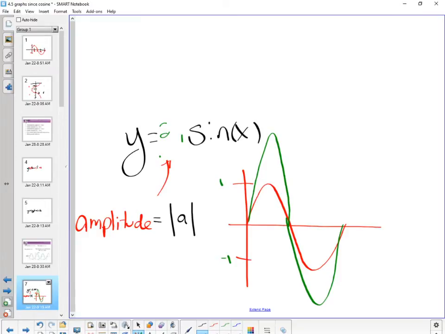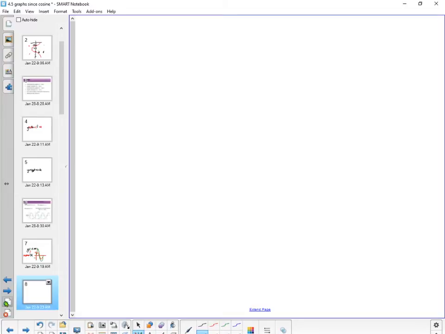That doesn't mean that you go -2 and -2, because the distance will still be positive. When they ask you for an amplitude, it's simply how far up and down you're going. Therefore, it's the absolute value of A, because sometimes you will get a negative number there.